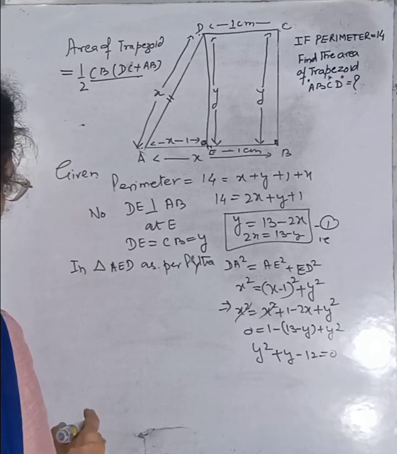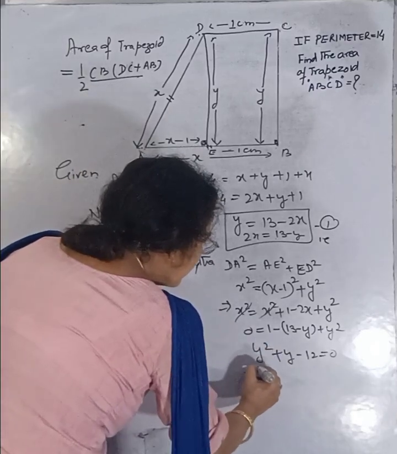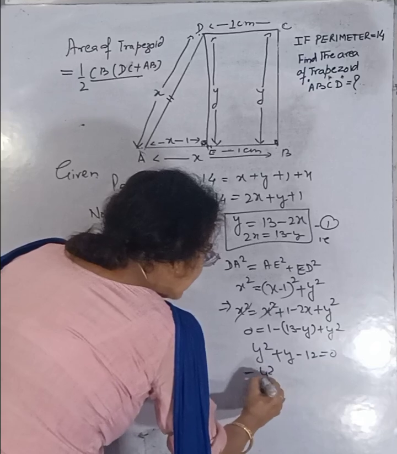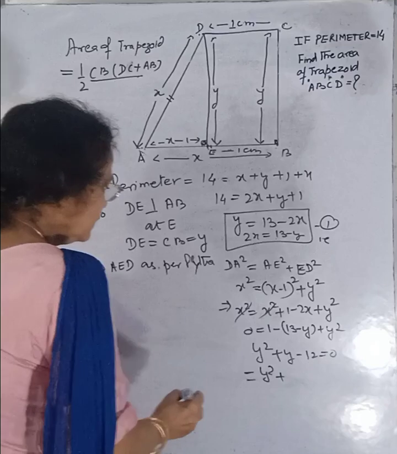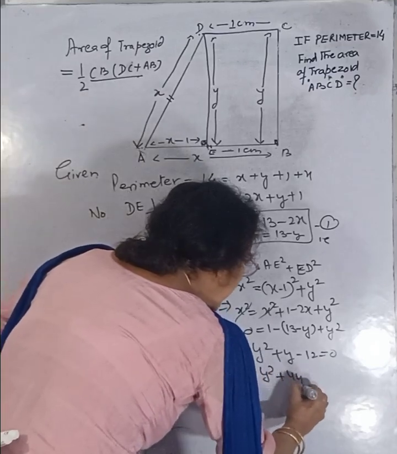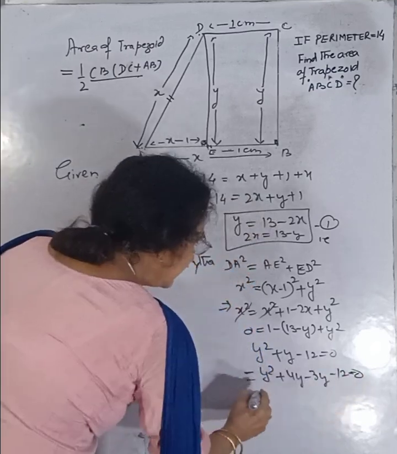Then we can find the value of y by factorizing this. Y square plus y minus 12 is equal to 0. Three fours are 12, so 4y minus 3y minus 12 is equal to 0.